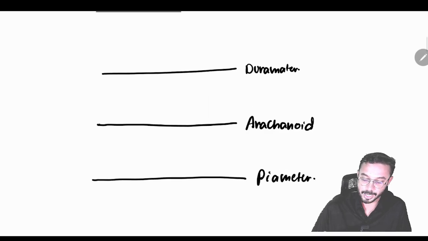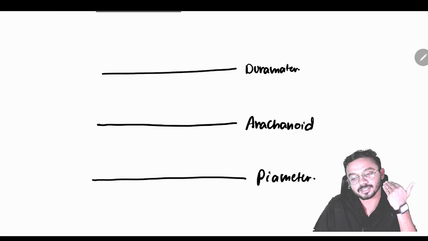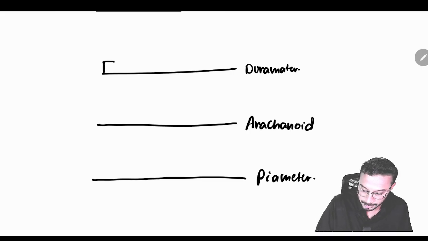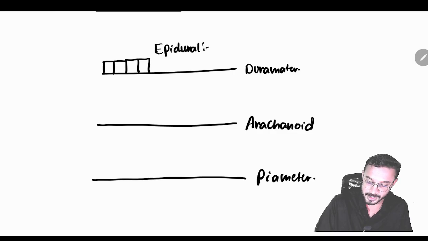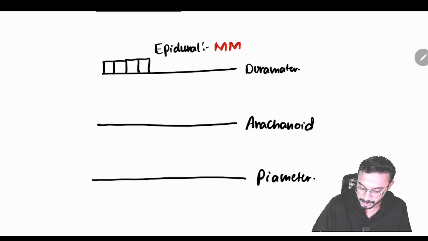Epidural hemorrhage is bleeding that occurs above the dura mater. Epi is something which is above. So bleeding above the dura mater is known as epidural hematoma. Which artery? Very important, the middle meningeal artery.